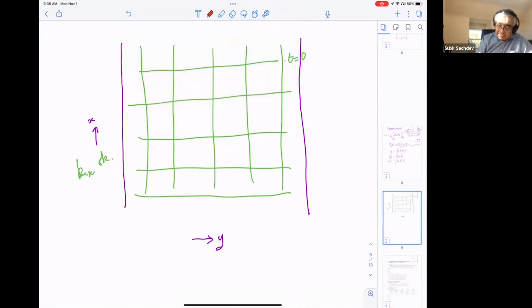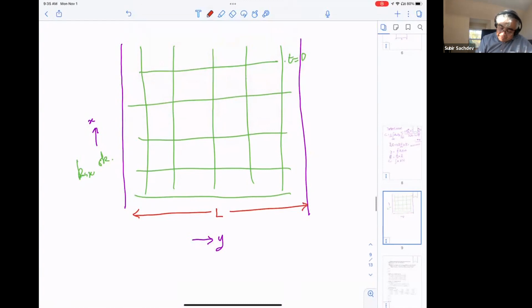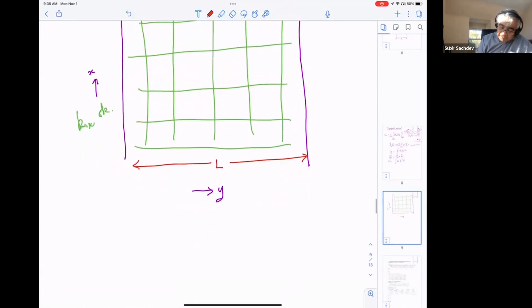If this distance is L, then my Hamiltonian will be some M of kx only, not of ky.